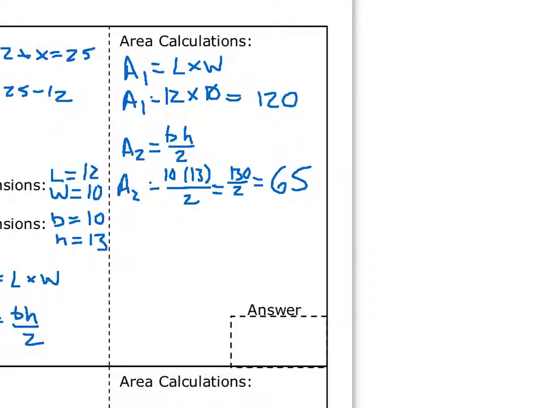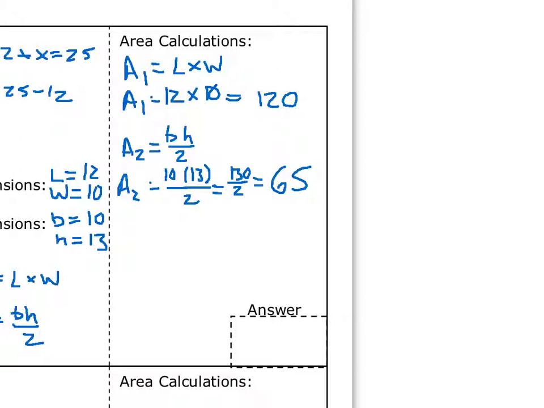Now, was my end goal to find the area of these two individual pieces? Did it say, break this into 2 parts and find the area of each? No, our goal here is to find the area of the whole thing. How am I going to find the area of the whole thing? Rebecca, add them together.